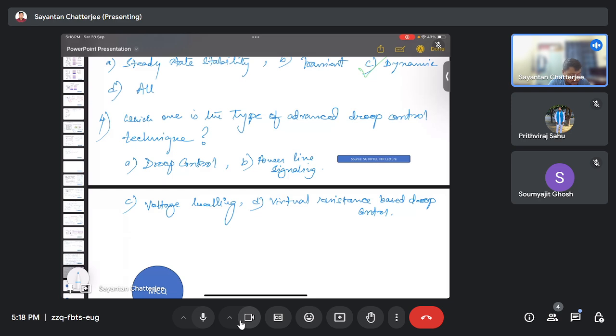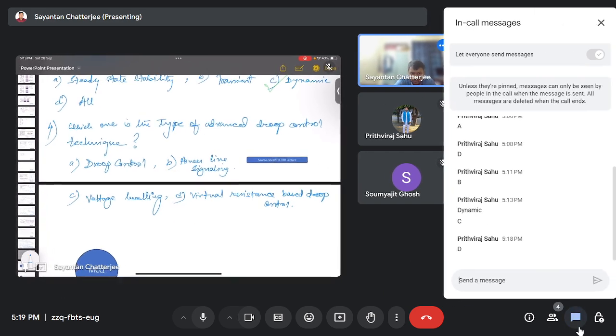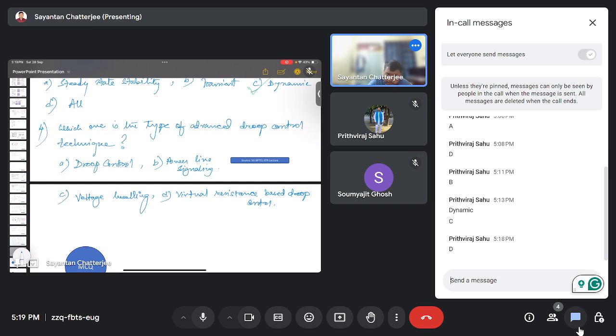Loop control, power line signaling, voltage leveling, virtual resistance based loop control. Option D. Yes, D is the correct answer.